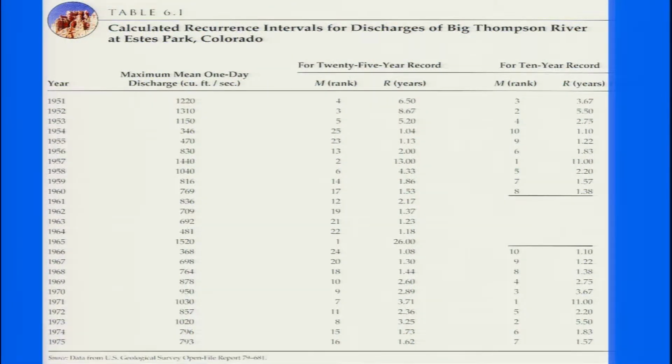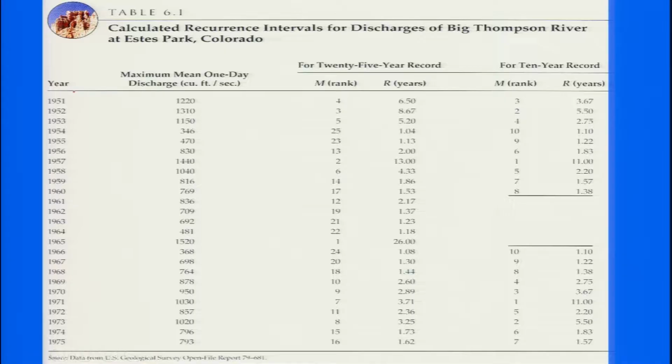Now, there are ways to understand and identify the recurrence time or recurrence interval of flood events, if you have a good record of that particular region. What has been shown here is from Colorado, from the Big Thompson River.